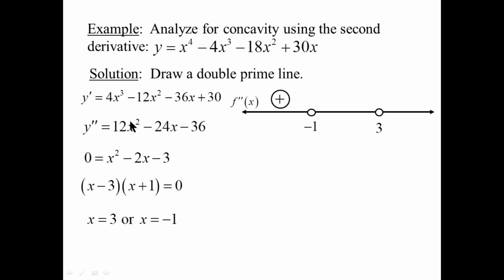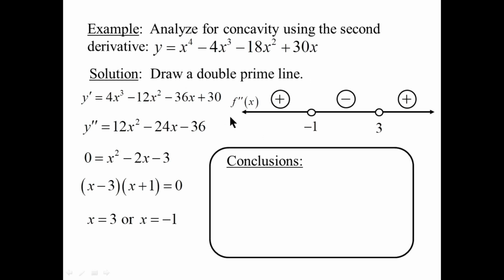So putting 0 in is very easy because this vanishes and this vanishes, and it's negative 36. And that's obviously negative. And something large and positive, well, this is, again, dominant, and so it's positive because it's a square. And this double prime line is enough for us to reach conclusions.